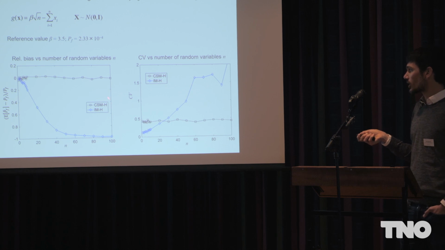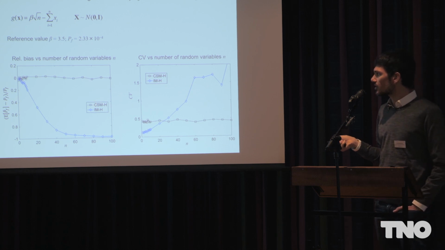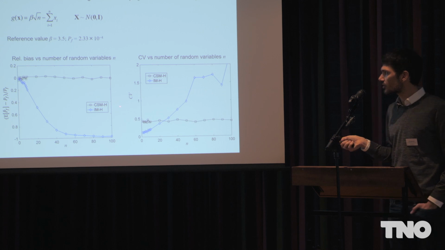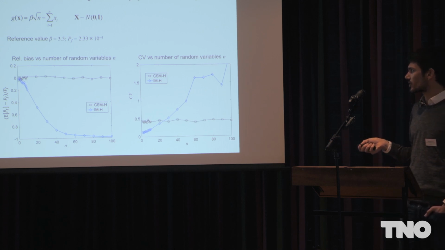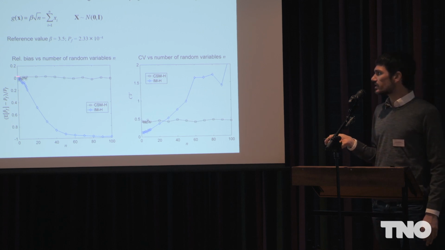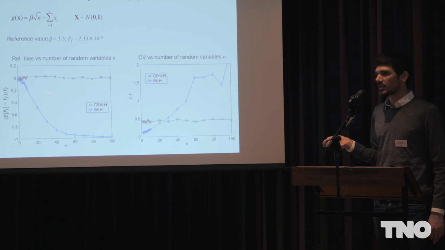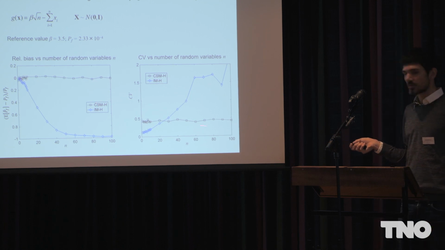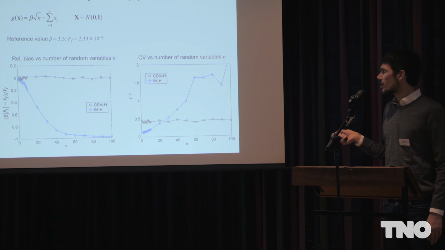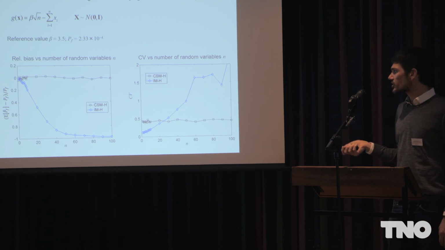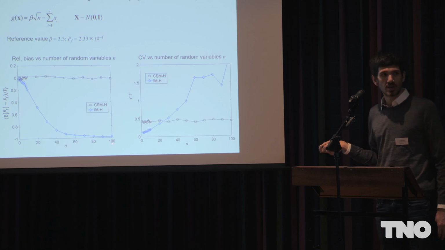What I'm comparing is the conditional sampling algorithm with the independent Metropolis-Hastings algorithm in terms of bias and coefficient of variation. What you can see here is that the conditional sampling algorithm has performance independent of the number of random variables, while the Gaussian mixture actually performs better than the conditional sampling in low dimensions.